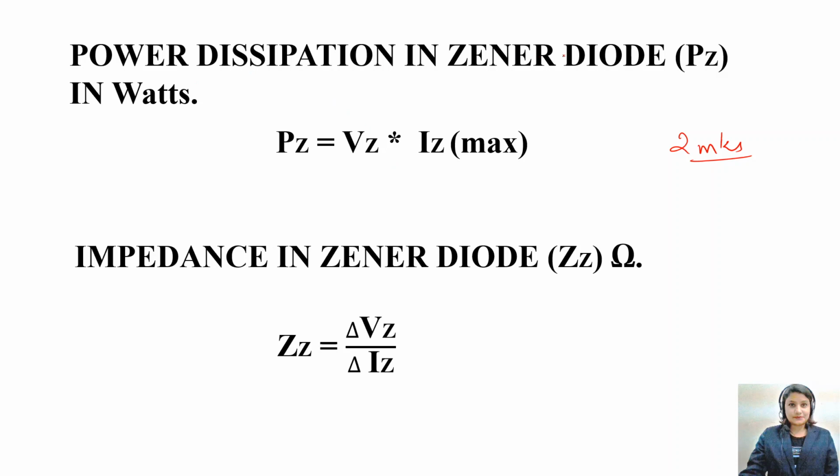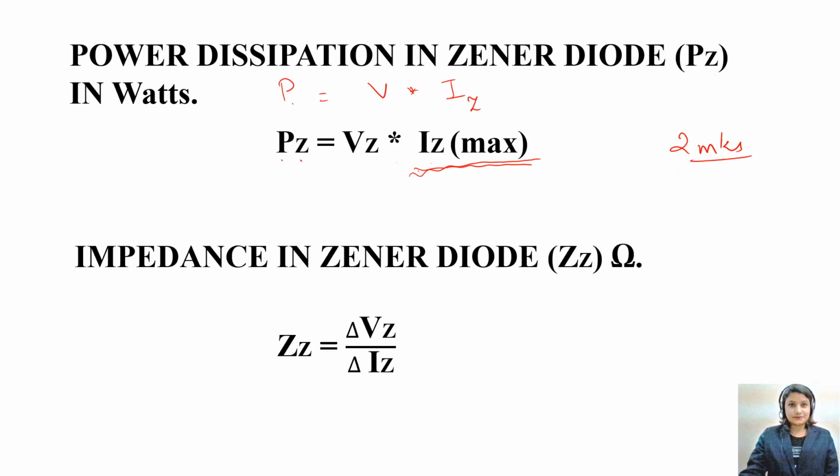Power dissipation in a Zener diode. You know the formula for power: it is the product of V into I. We are calculating it for the Zener, so I have written it here as PZ. Zener diode power dissipation is the product of the Zener voltage multiplied by the maximum Zener current. Always remember, whenever you calculate the power dissipation in a Zener, we always consider the maximum Zener current.